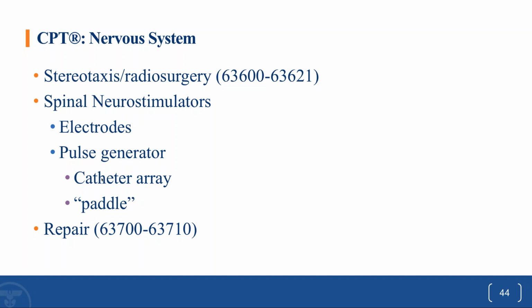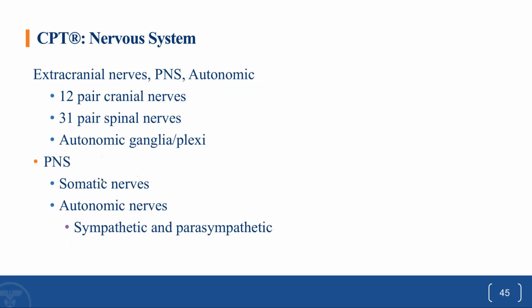I'm right now on page 390, where they're talking about extracranial nerves. It tells you there's 12 pairs of cranial nerves, 31 pairs. They won't ask questions like that. This is just FYI. 31 pair spinal nerves. And then they talk about the peripheral nervous system. Then they go into somatic nerves, and you can see that on page 390. If you look at CPT code 64400, you can see that's an injection.